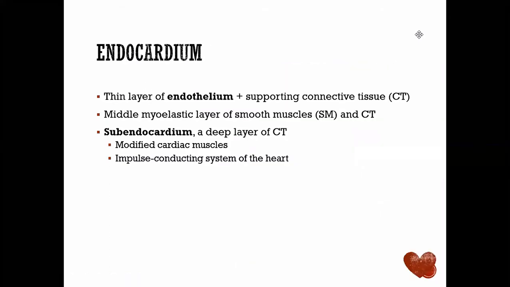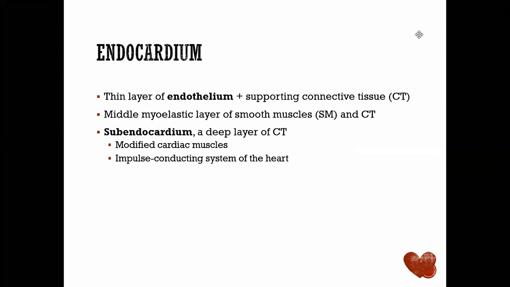Endocardium, we shall describe now from the inner part. Endocardium is a thin layer of endothelium and supporting connective tissue. That is your endocardium. Next is a middle myoelastic layer of smooth muscles and connective tissue.